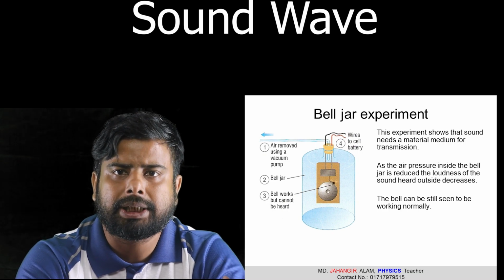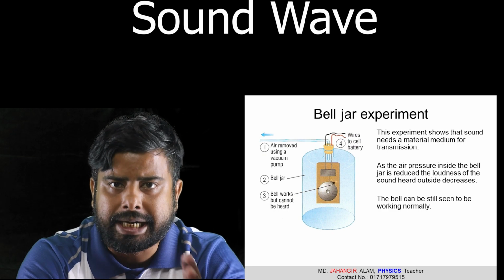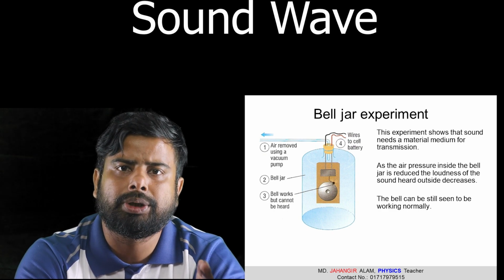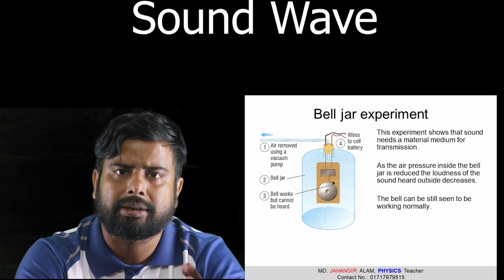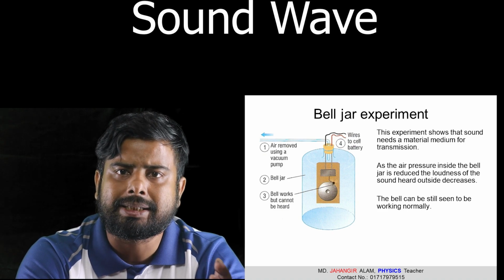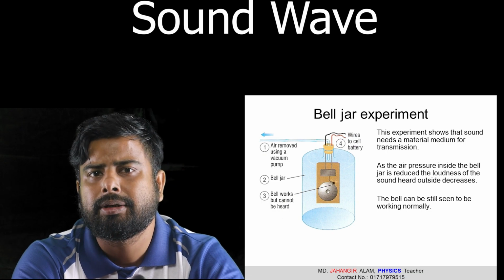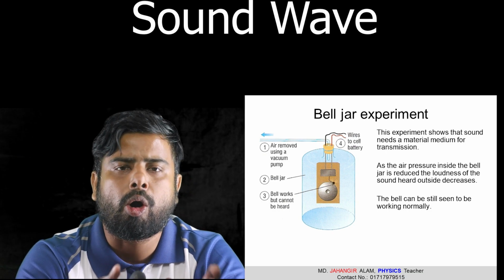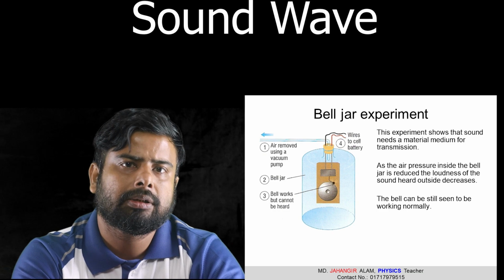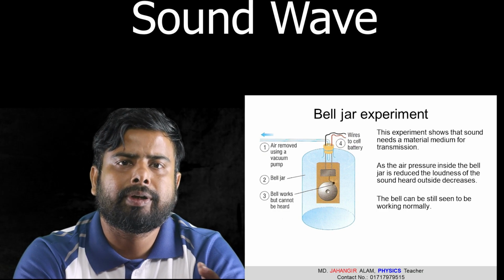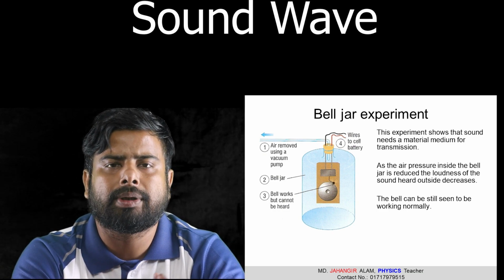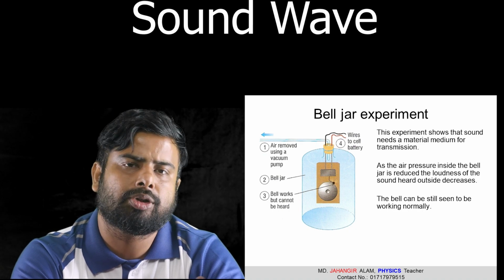As the air pressure inside the bell jar is reduced, the loudness of the sound heard outside decreases. The bell can still be seen working normally, but we cannot hear anything from outside because all the air molecules are removed by the vacuum pump. If air molecules are removed by the vacuum pump, then we cannot hear sound.